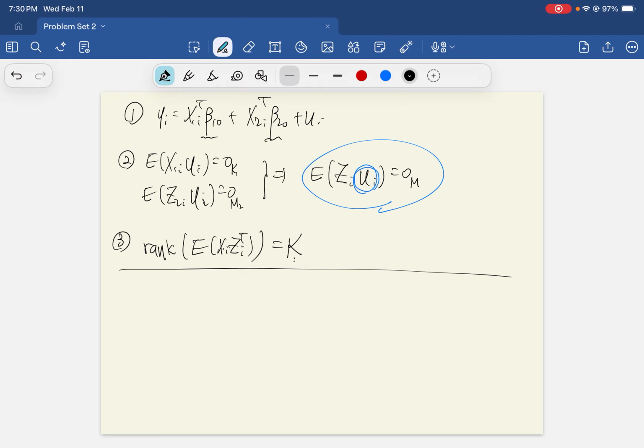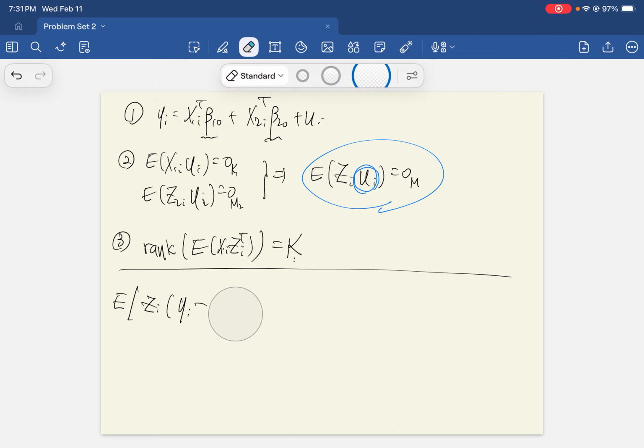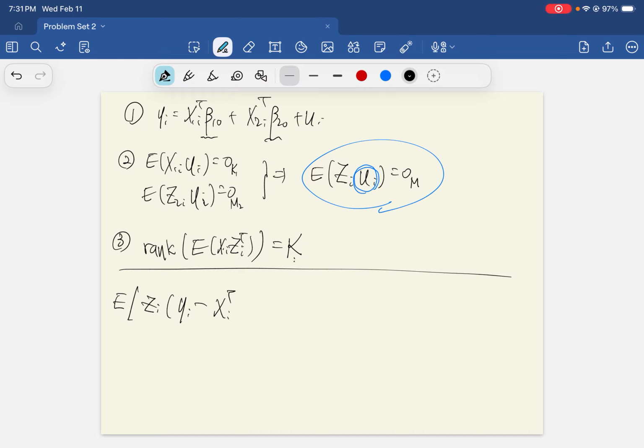So what we have to do is rewrite the moment condition in terms of observed quantities. I replaced u with this term.